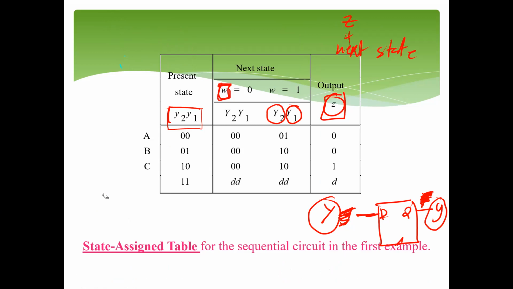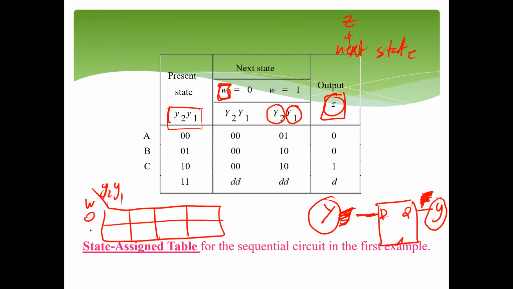You can do whatever you want, but we try to match those. So I have W, Y2, Y1, with the values 0 0, 0 1, 1 1, and 1 0.